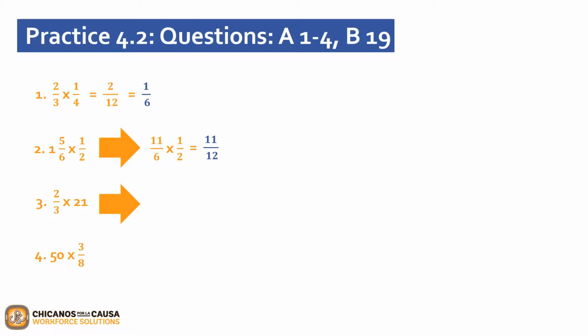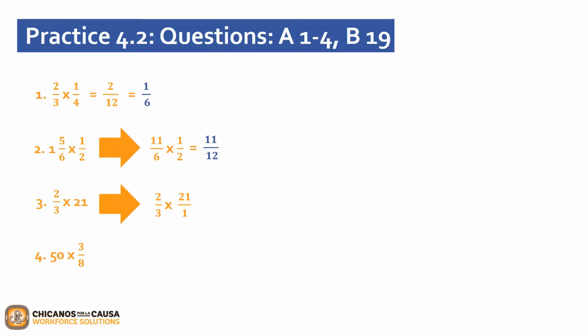Now we have 2 over 3 multiplied by 21. Again, we're going to want to change this into an improper fraction. Therefore, we're really going to have 2 over 3 times 21 over 1. That's our new improper fraction.